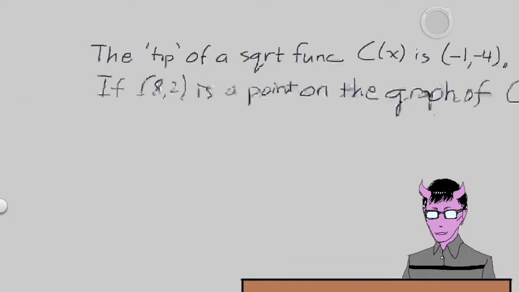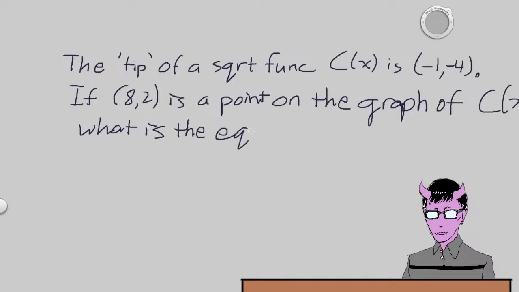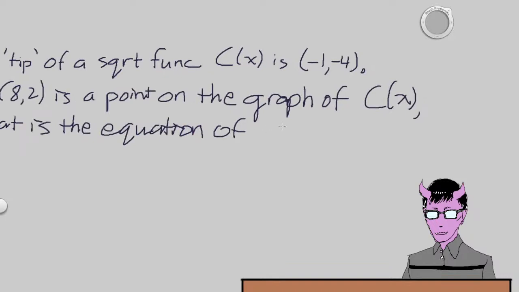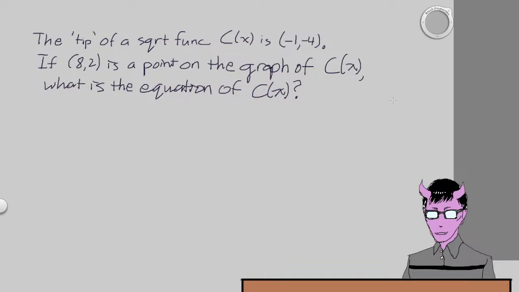What is the equation of c of x? Okay, so we're given that one. Again, we're told that this is a square root function. And we're given the quote-unquote just the tip is -1, -4. And we're given this is a point on the graph.